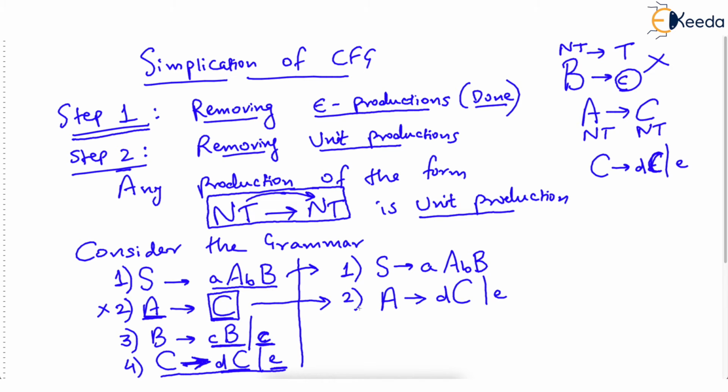Just check, now this second production is not a unit production because non-terminal A is not deriving a single non-terminal. The third production is not a unit production, so we will preserve it as it is. And the fourth production is also not a unit production. We will preserve everything that is not a unit production as it is.